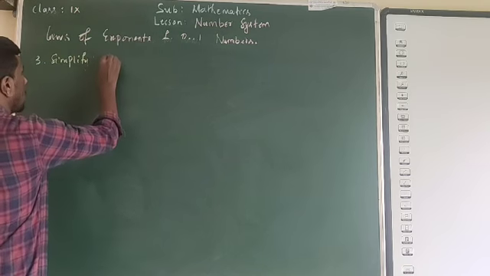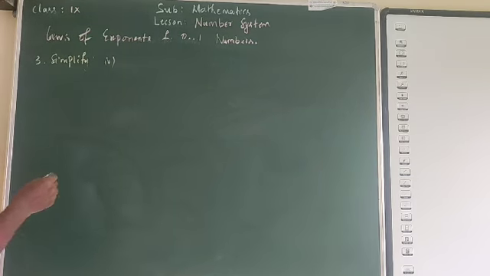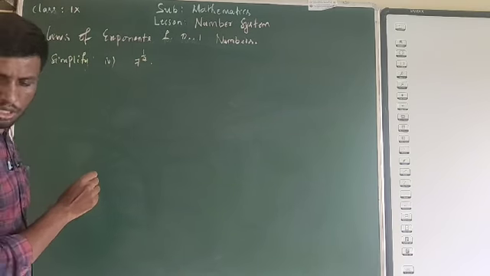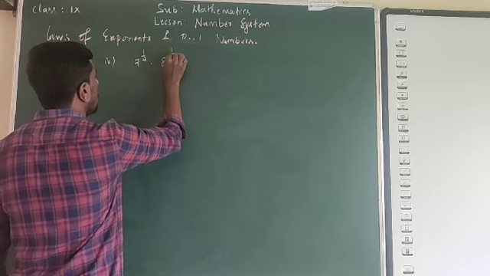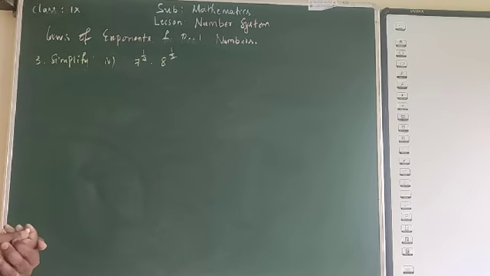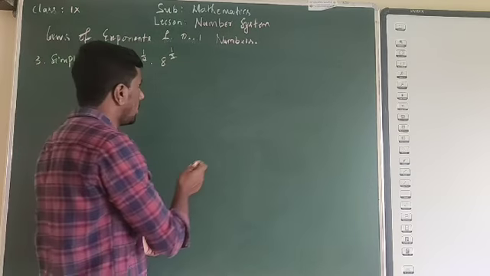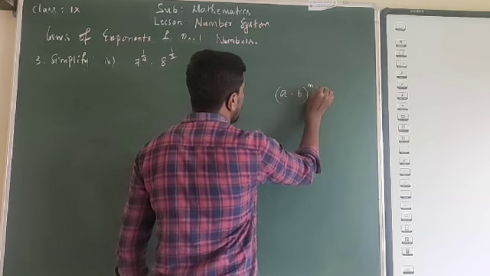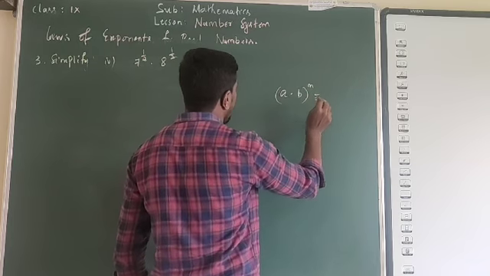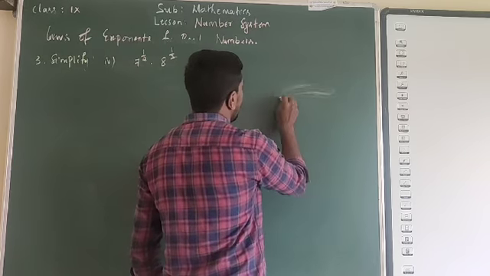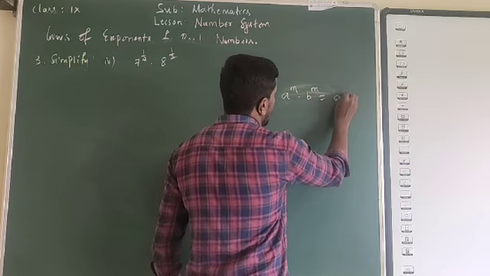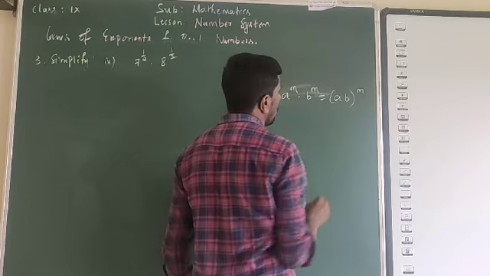So the last one is 7 to the power of 1 by 2 into 8 to the power of 1 by 2. Here we have the rule that a to the power of m into b to the power of m can be written as a into b to the power of m.